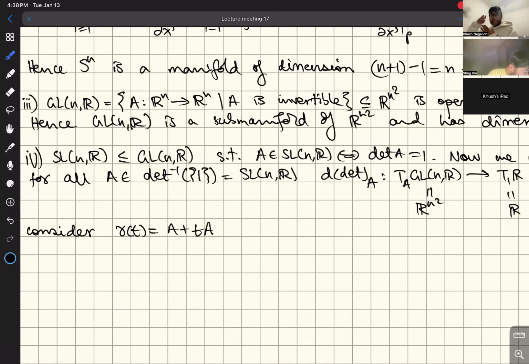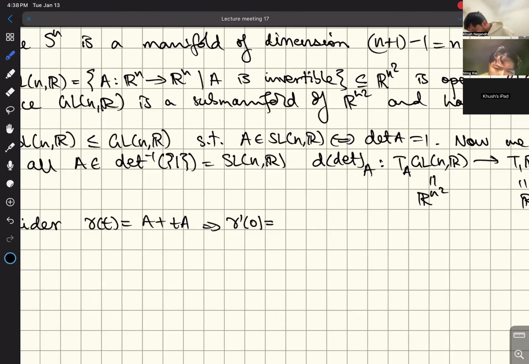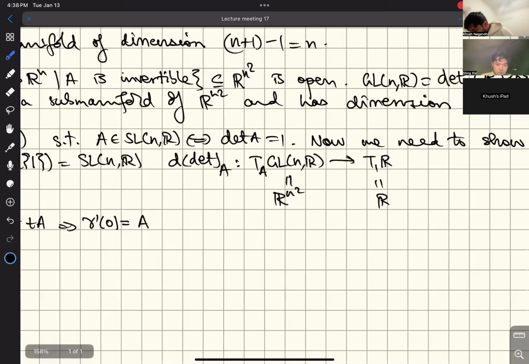You can think of this as the directional derivative of the determinant at the point A in the direction A. If you take the derivative at zero, you just get A, so the tangent vector this corresponds to is A. We're at the point A, moving in the direction A, and now we compute the derivative of the determinant at A evaluated at A.